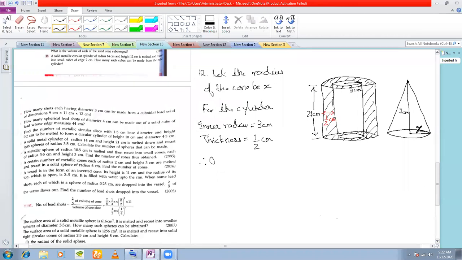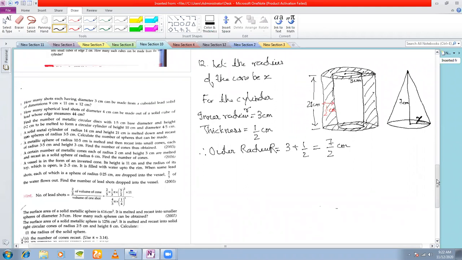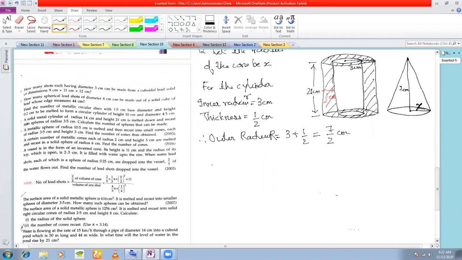So therefore, what should be the outer radius? Outer radius will be inner radius plus the thickness. You agree with this? 3 centimeter is the inner radius, and you add the thickness to this, and you'll get the outer radius. So this will be 7 by 2 centimeters. Let's call the inner radius small r and the outer radius capital R. So what should be the volume of the material now?